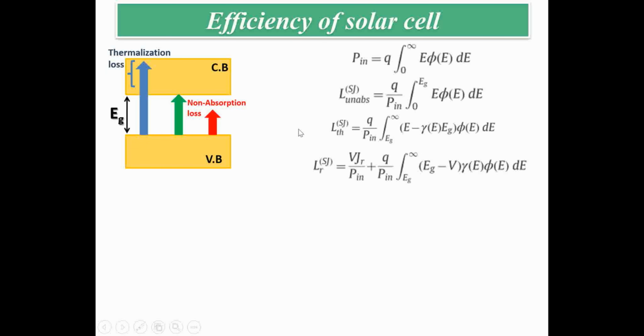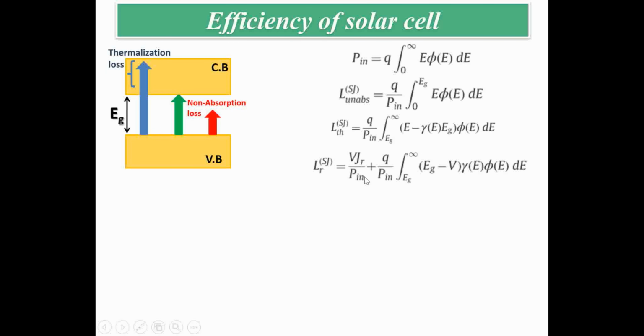The second part: EG is the band gap of the solar cell, which would be the ideal case, but the cell is not working at EG, it is working at V. So E minus V is the energy which is not taken by us, along with gamma(E), again the number of electron-hole pairs, from EG to infinity. So this is again the complete set of other losses.